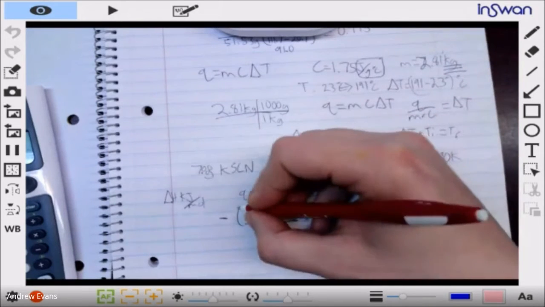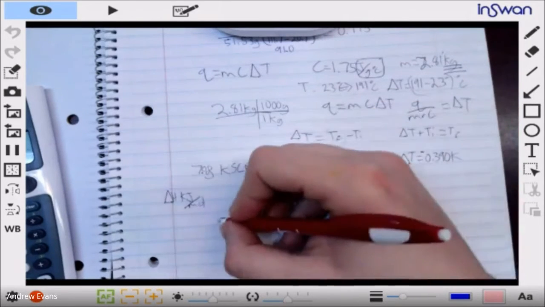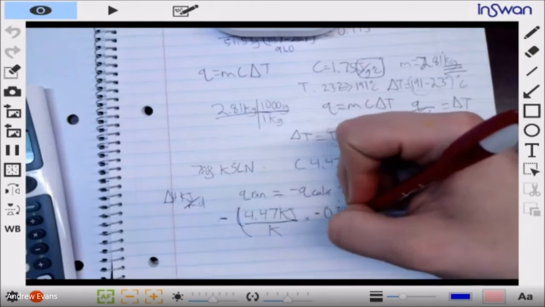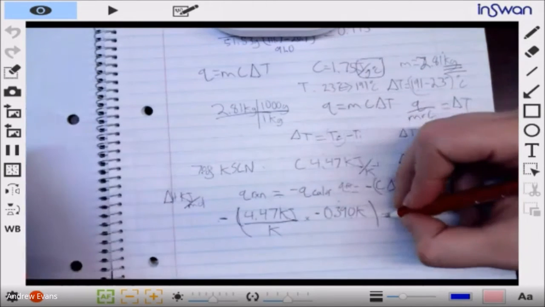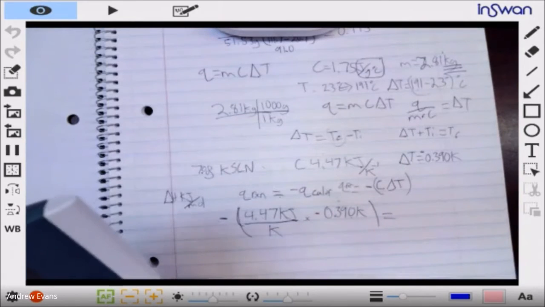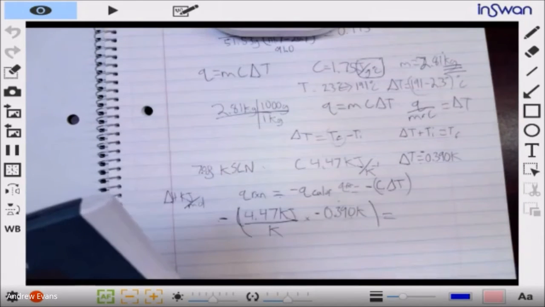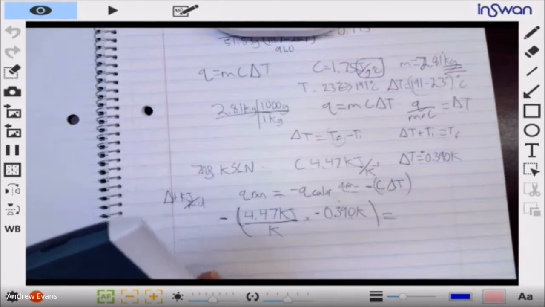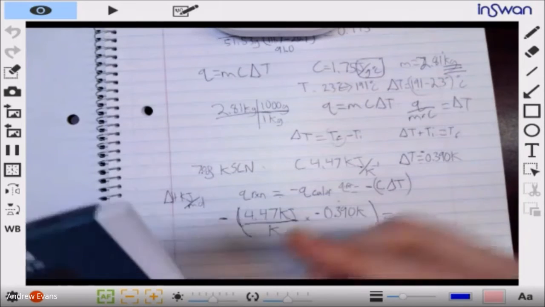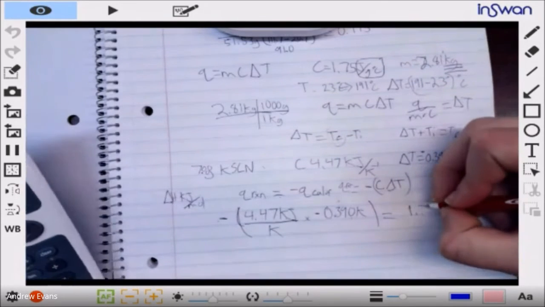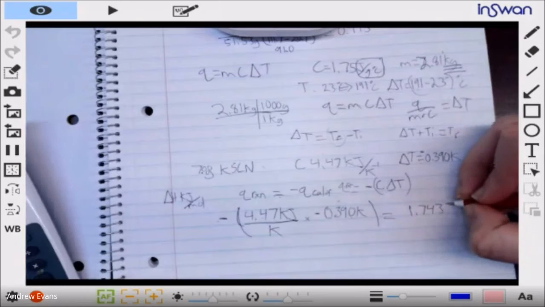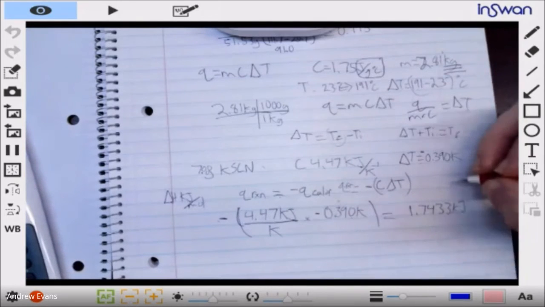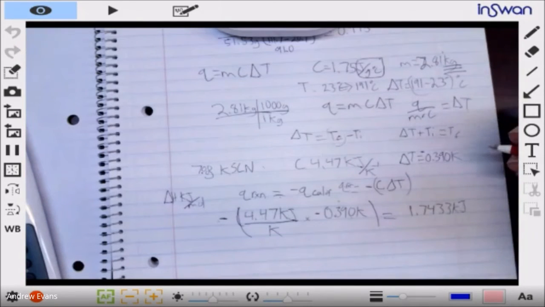Negative this times negative that gives a positive number. 4.47 times 0.39 gives us 1.7433 kilojoules. Now that gives us an energy, a straight up energy. However, this is not my final answer.